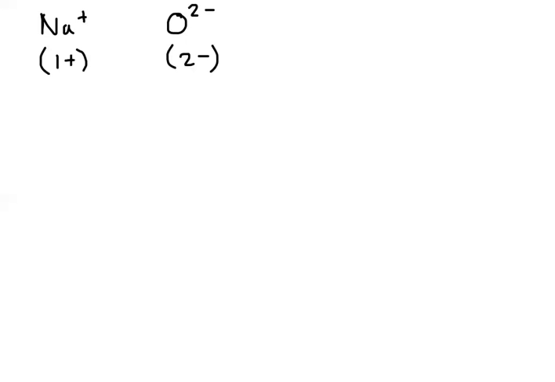So you're going to put in 2 sodiums, because you need 2 sodium pluses to balance out the O2 minus, and that gives you Na2O. So the subscript applies only to the element it is directly attached to. And here we know that we have 2 times 1 plus, that makes an overall 2 plus charge, balances out the overall 2 minus charge, and we have a neutral compound.